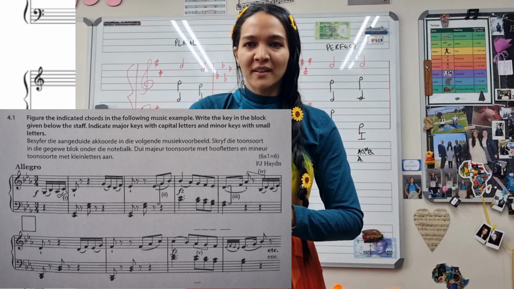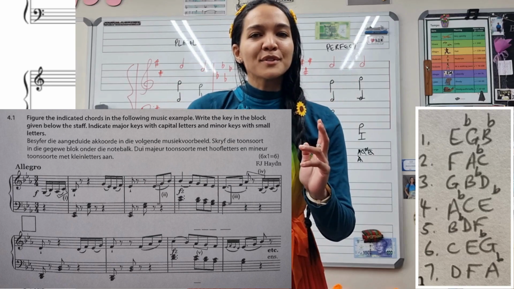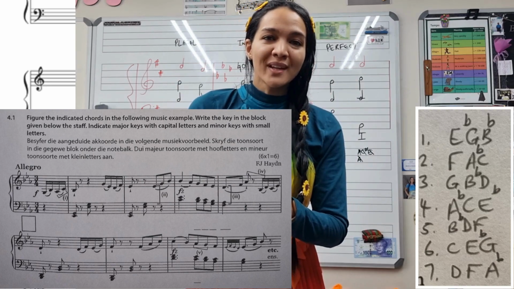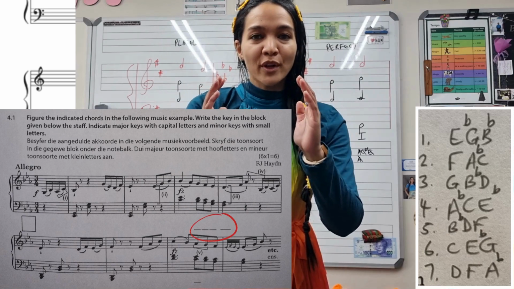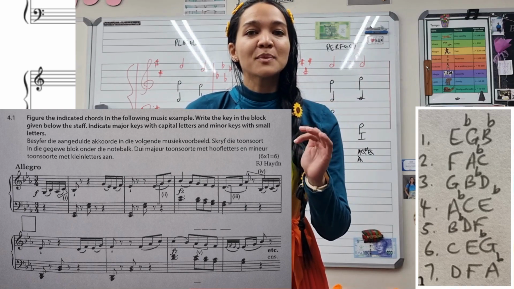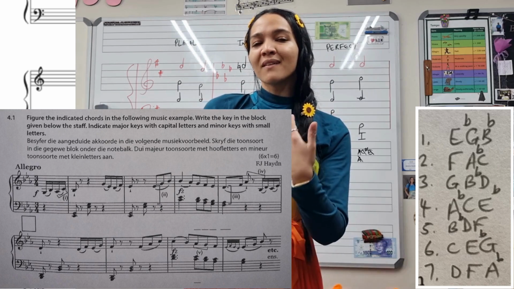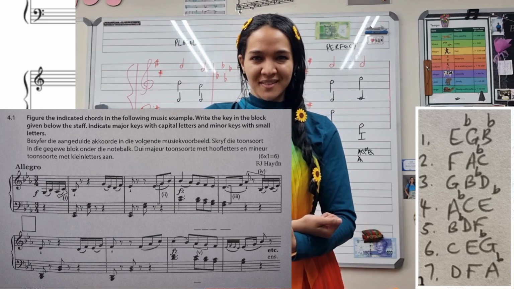So please take note of that. I have outlined our chords for us, and we do have a string of first inversion chords here. So make sure to see your chord notes and what lies in the bass, because what lies in the bass will tell you whether you are in root position, first inversion, or second inversion. So let's go ahead and answer these questions.